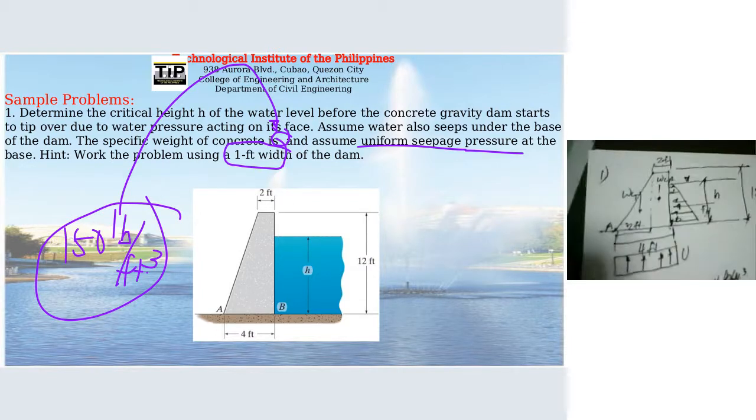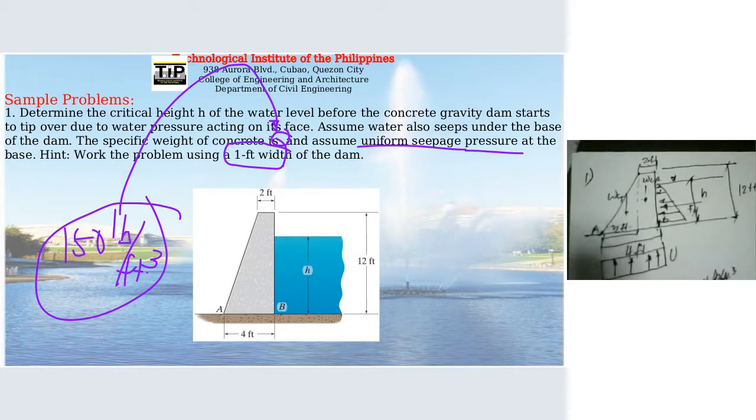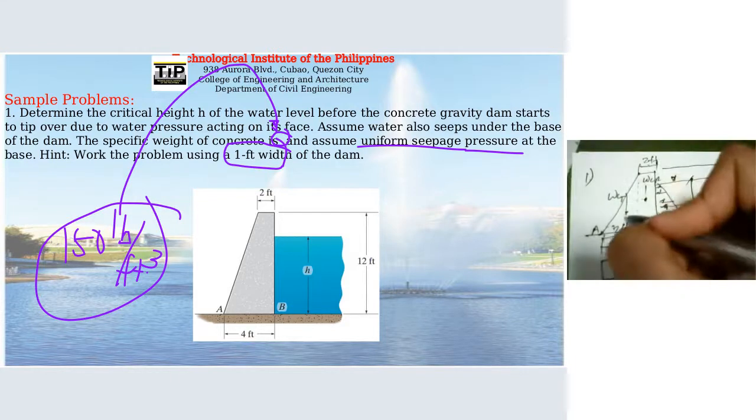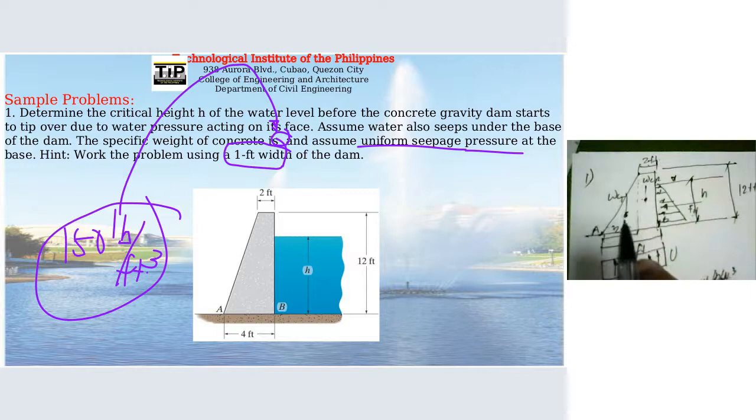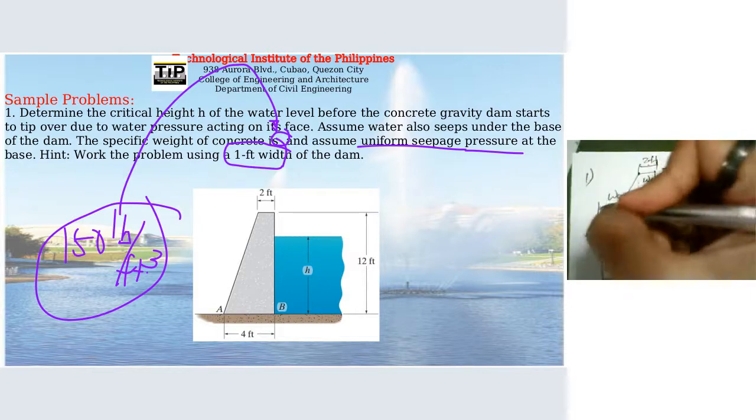So, we have to determine the moment arms for these forces. So, let's start with W sub C sub T. The weight acts on the centroid of the triangle. So this is the centroid of the triangle.